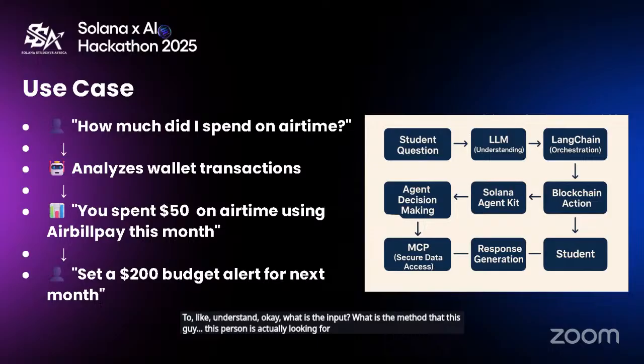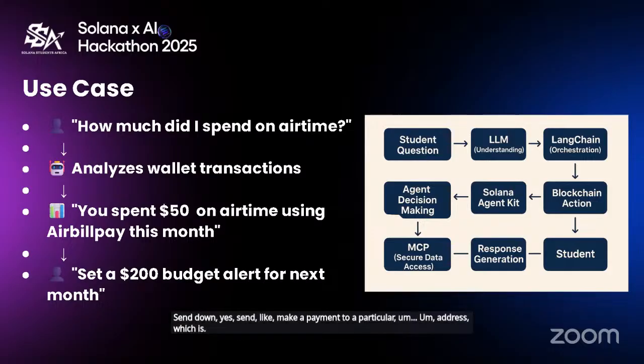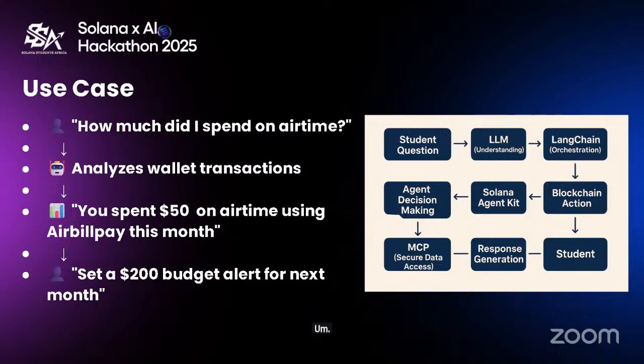Methods are, for example, in Nebula, the methods we have are check balance, fetch transaction history, and what else? Trying to recall. Send, like make payment to a particular address, which is like the other packs that would help you pay for your bills and off ramp.